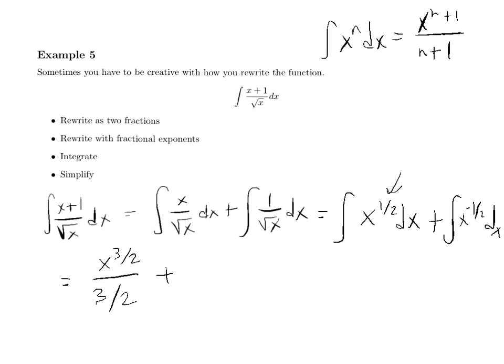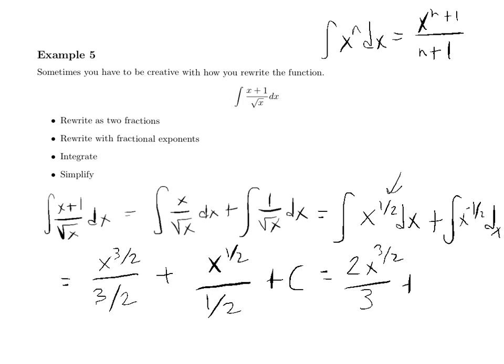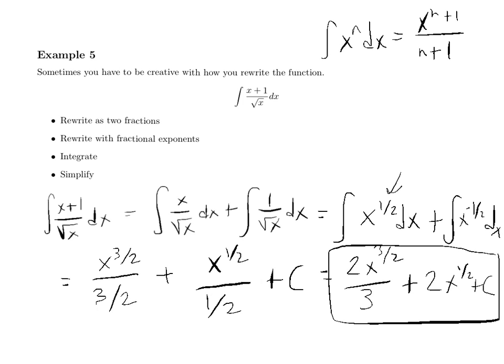So negative 1/2 plus 1 is positive 1/2, and then it'll be over 1/2, plus c. Writing our final answer, flipping the fractions, we'll get 2x to the 3/2 over 3 plus 2x to the 1/2 plus c. Nice, beautiful final answer.